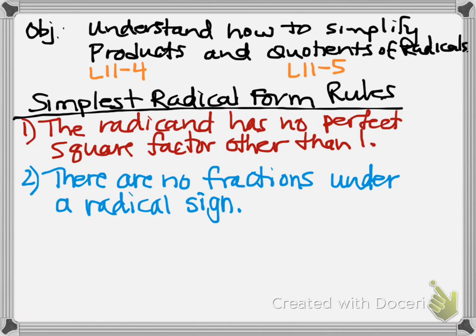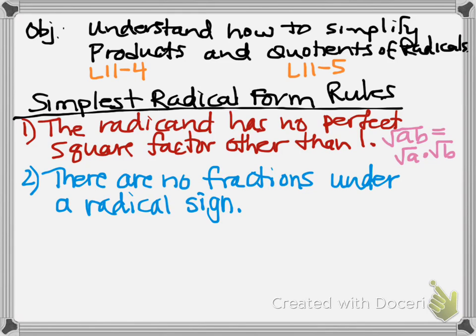Now let me go back and add one thing to each of these. On the radicand has no perfect square factor other than 1, remember that if you have a product under the radical sign, what you're looking for is the square root of each of the factors. And that's where we were pulling out a perfect square factor.